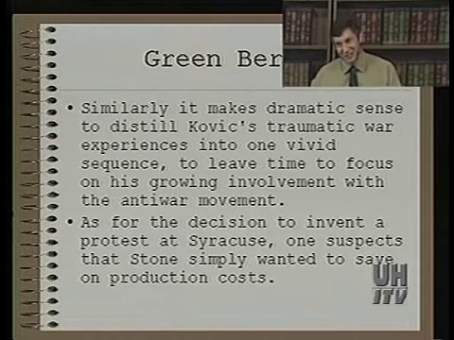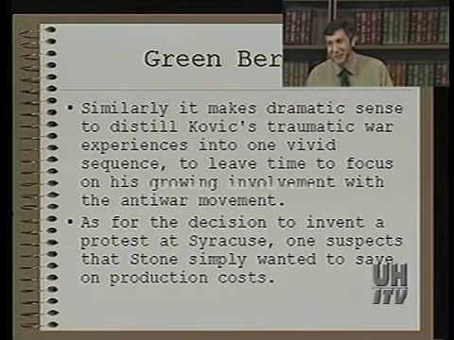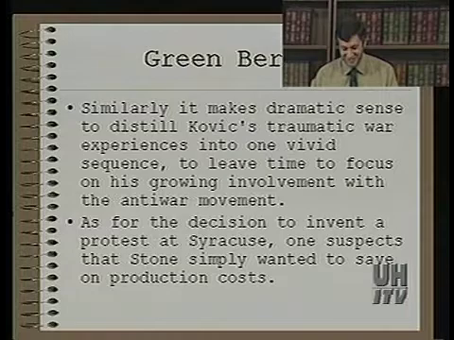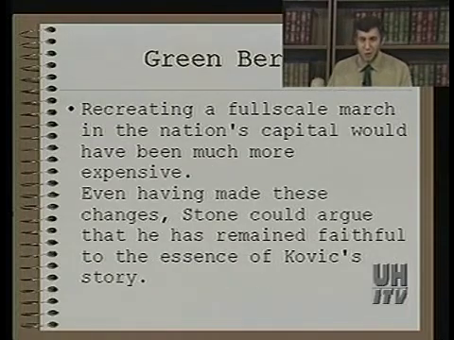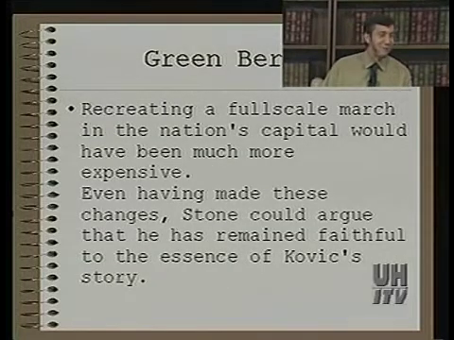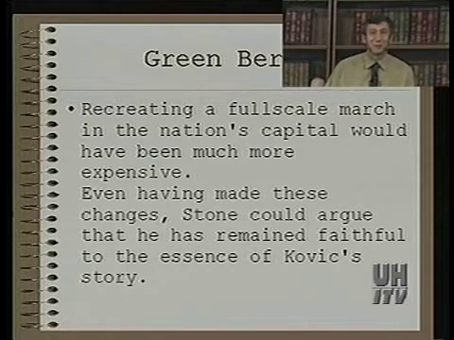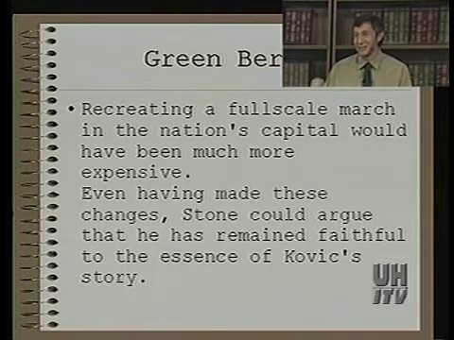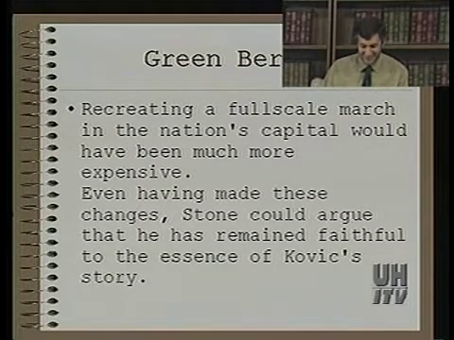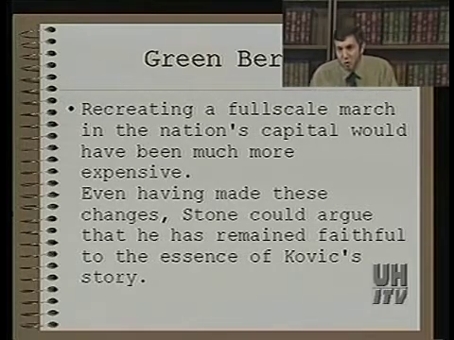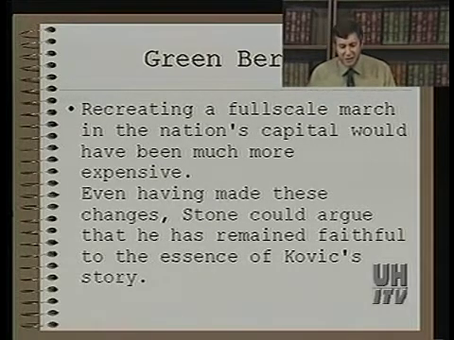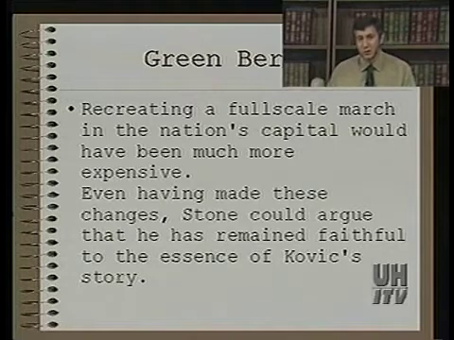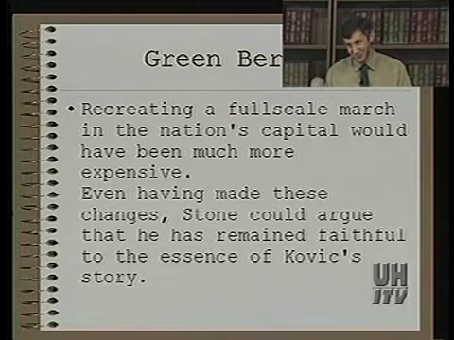It's cheaper to stage a demonstration on a college campus than it is in Washington, D.C. Recreating a full-scale march with 500,000 people was beyond even the abilities of Oliver Stone to finance. But Stone could argue that he had remained faithful to the essence of the story, even if he had changed the facts.